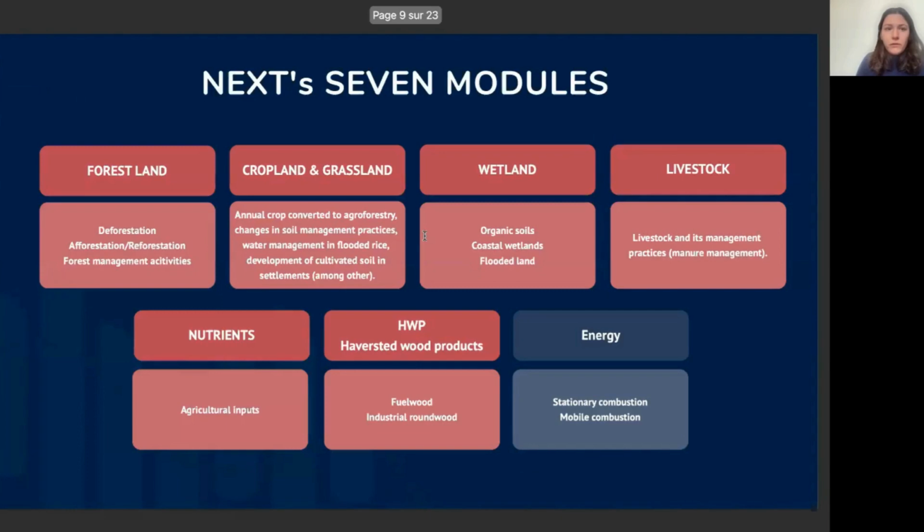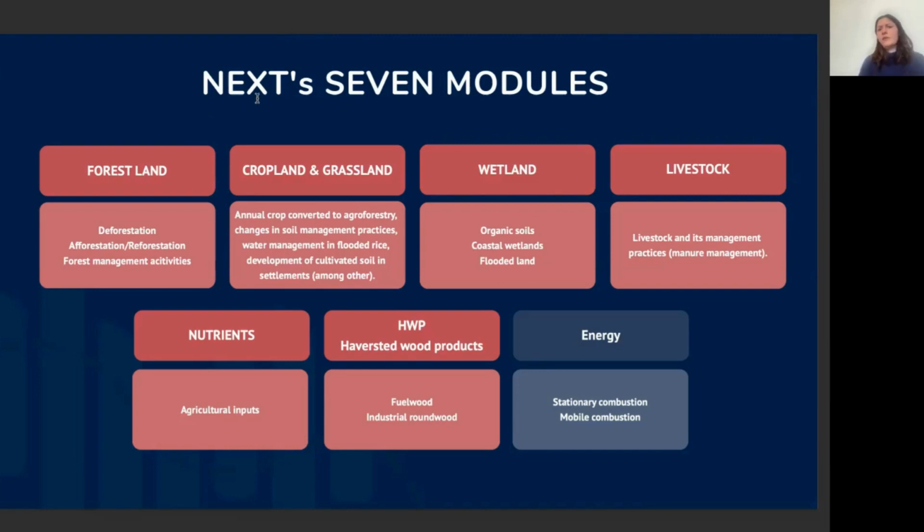So these are the 7 modules that are covered by NEXT. First, the forest land module, with the ability to account for deforestation activities, afforestation, reforestation activities, forest management activities.